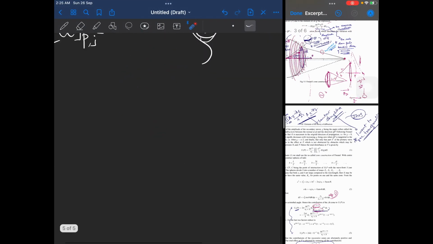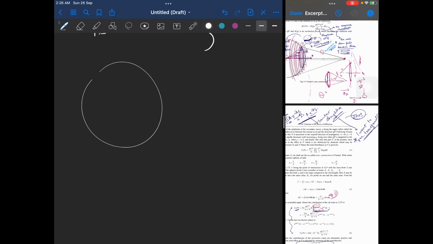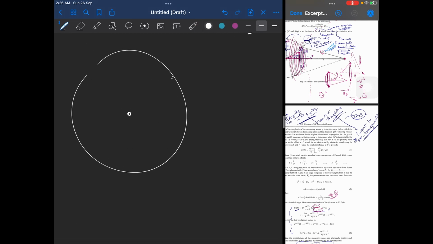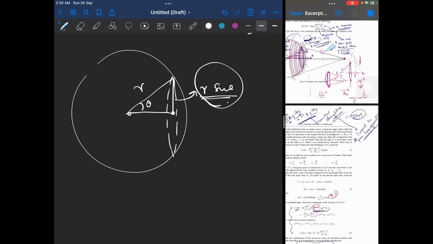No problem. Let's take a sphere. This is theta. This is r. This is r sin theta. This is the radius now. As r increases, this radius also increases.